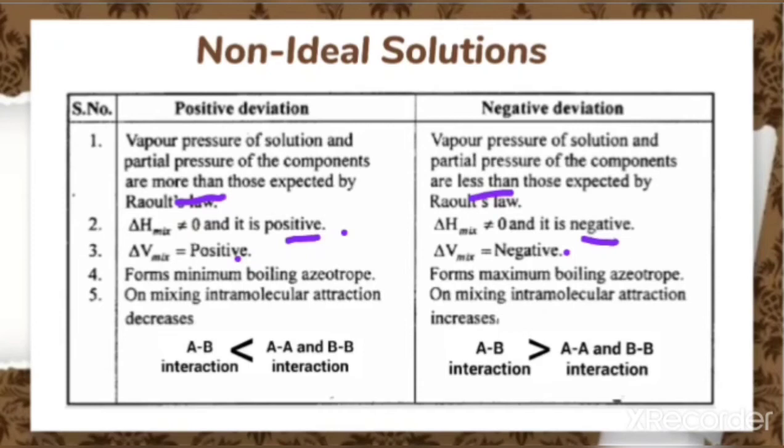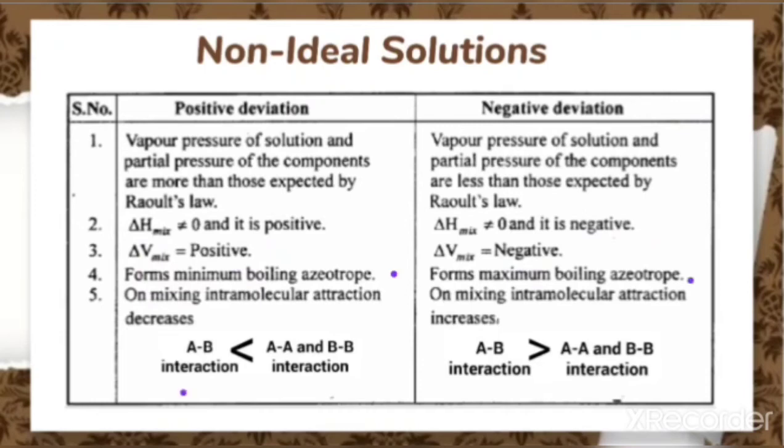So it is very easy to learn: delta H mixing is positive, delta V mixing is positive, that is for positive deviation, and here delta H mixing is negative, delta V mixing is negative, that is called negative deviation. So it forms a minimum boiling azeotrope. We will discuss azeotrope in the next video.